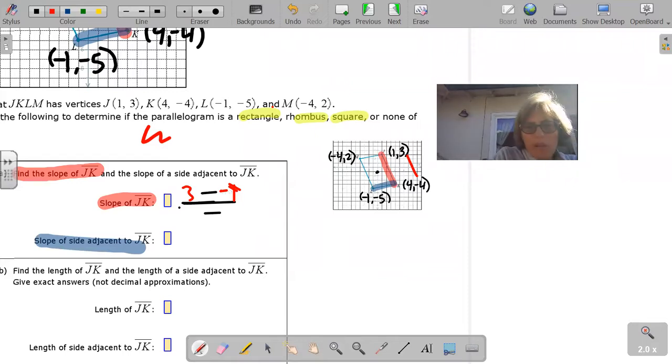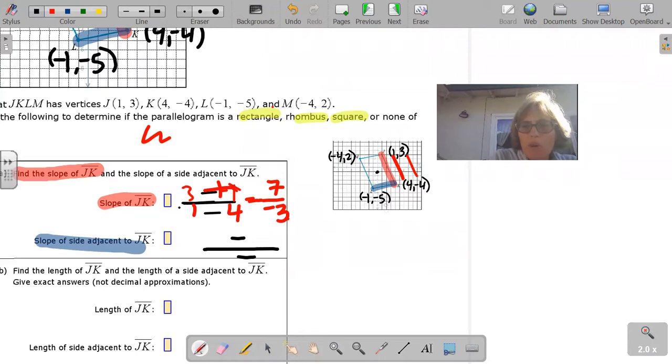So that is 3 minus -4, and then notice 1 and 4. Double negative makes a positive. That's 7 over -3.